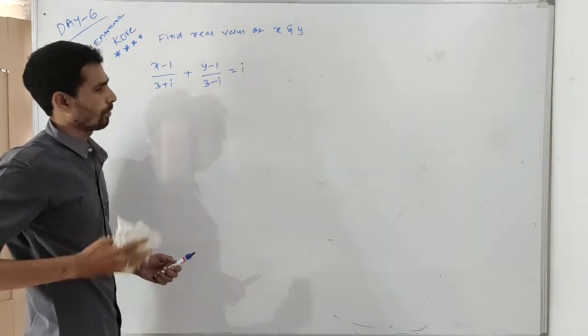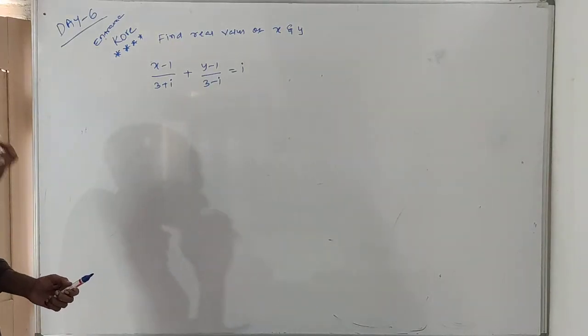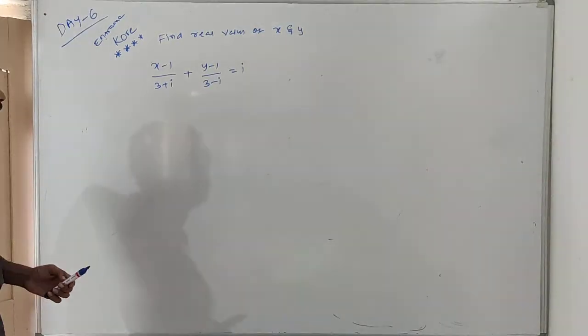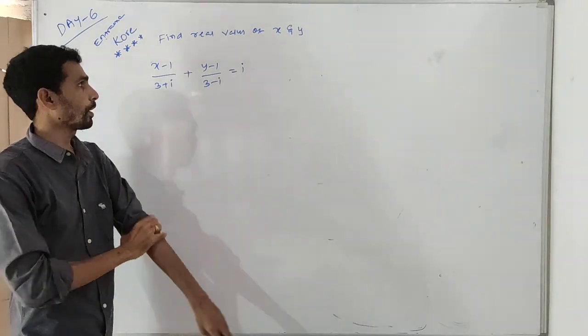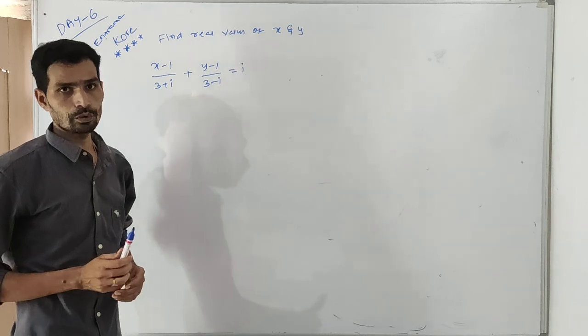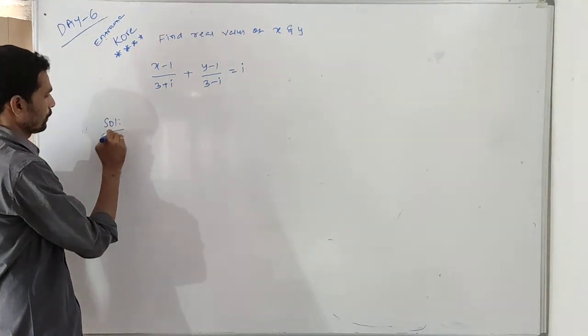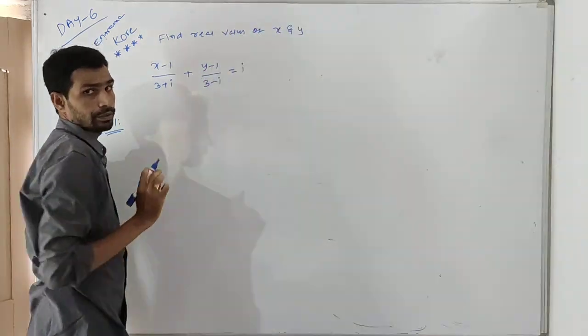What is given? Find the real values of x and y. So find the real part and imaginary part. What is the real part here? x comma y only. So just general simplification here. The solution is just to find the x value and y value.